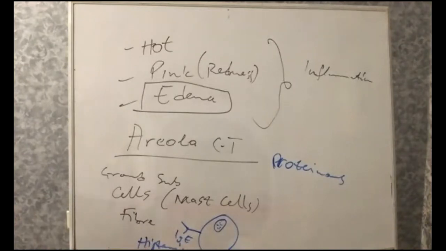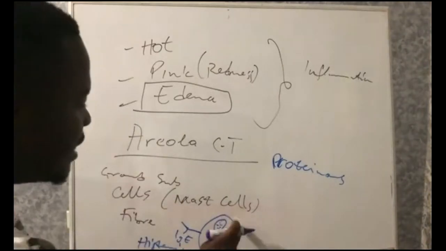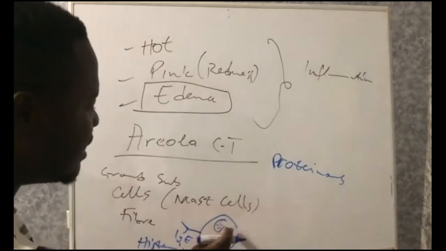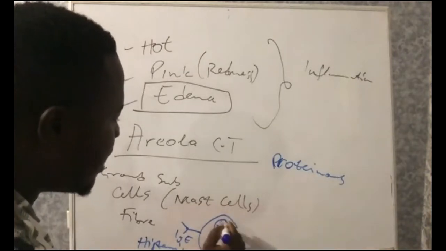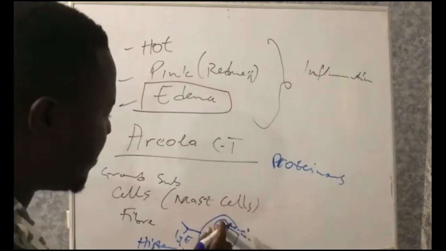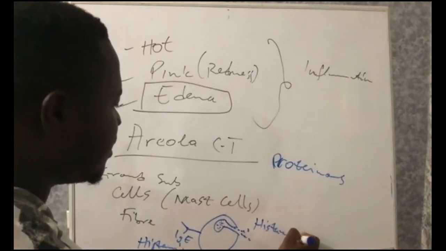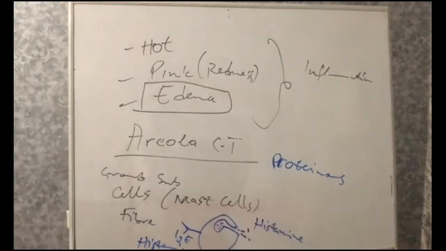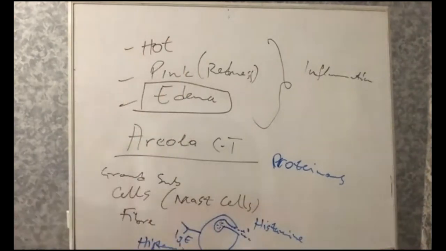If that was the first time the person got bitten by the bee, this mast cell will be directly stimulated, and the granules will fuse with the membrane and release all the histamine to the site of the bite. There are a lot of capillaries and other vessels around.